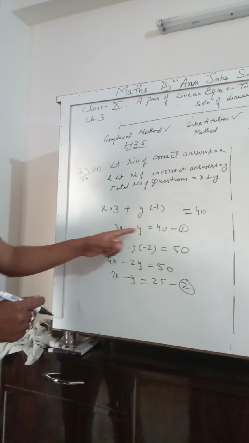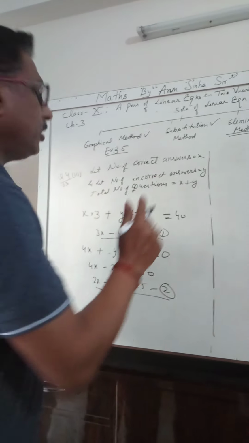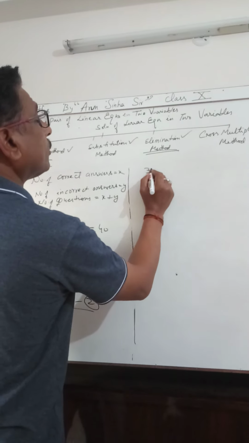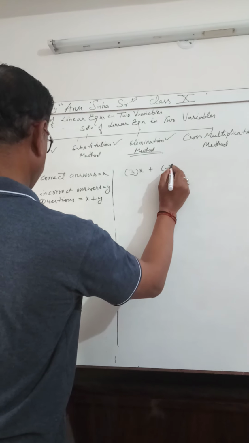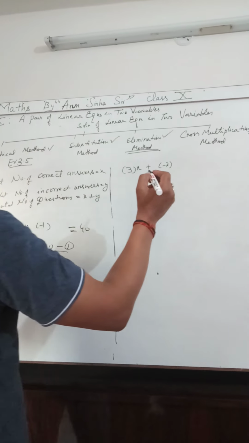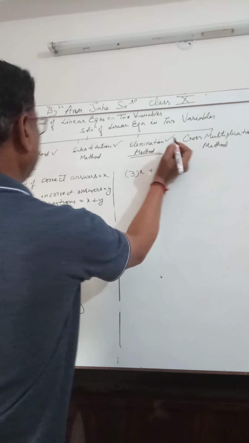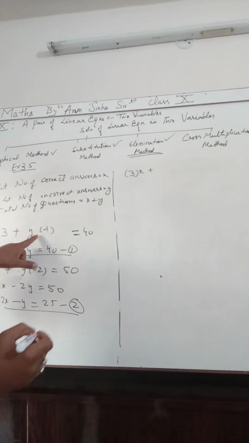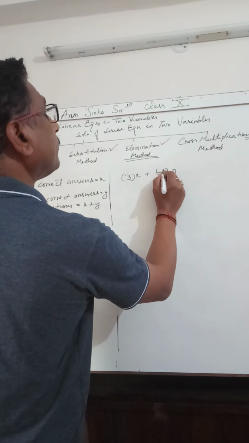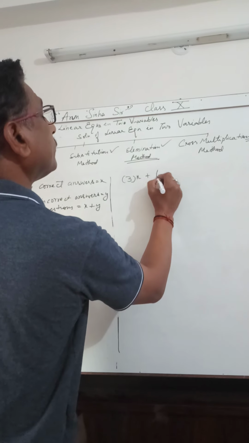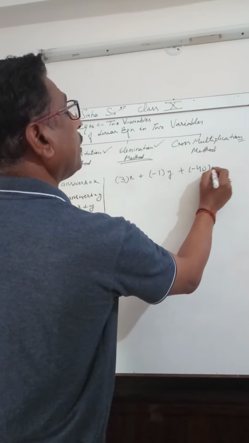Now put these two equations in standard form. What will you get children? 3x plus in bracket minus 1y plus in bracket minus 40 equal to 0.